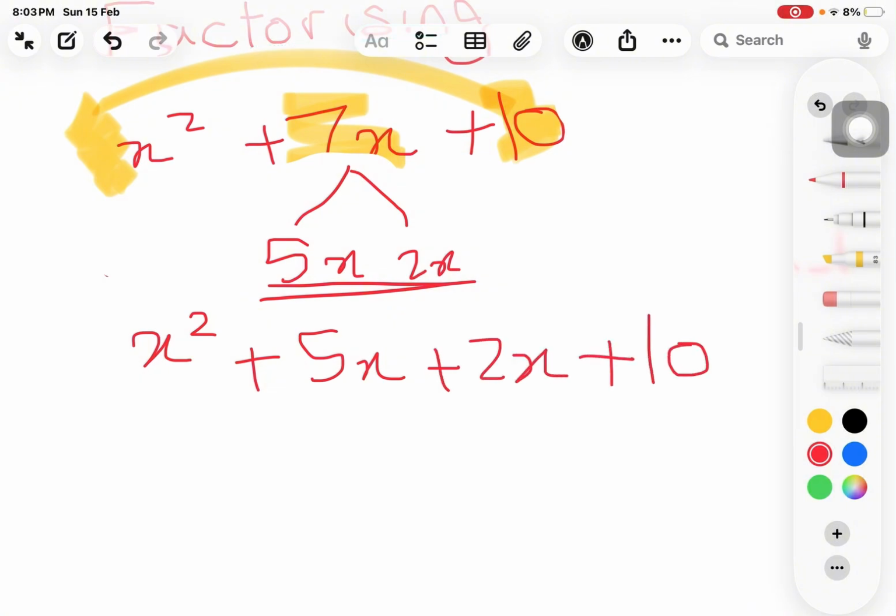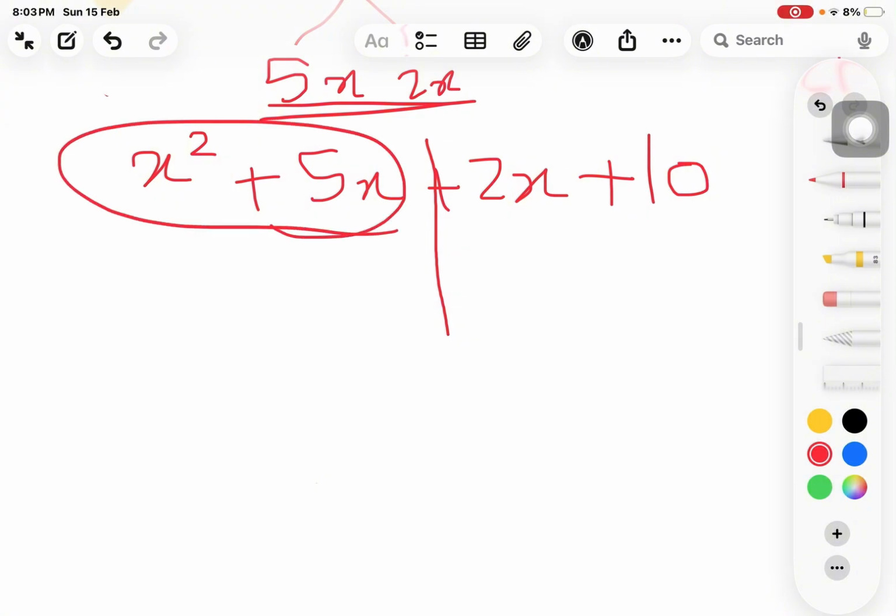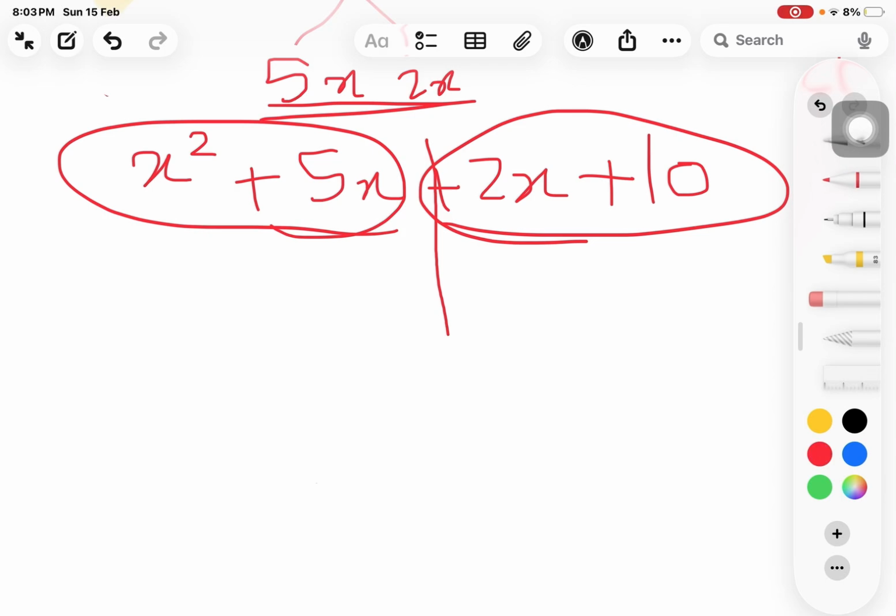Now we will start something. You should split them. Those are together and those are together. Now you will get the common factor between those two of them, x squared plus 5x. What is the common factor?